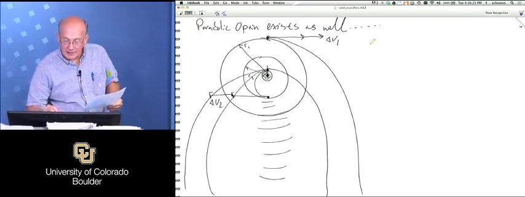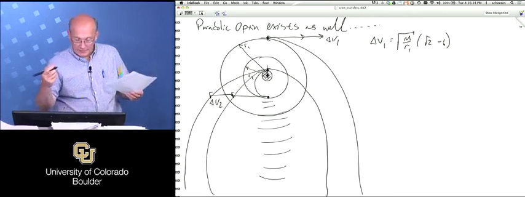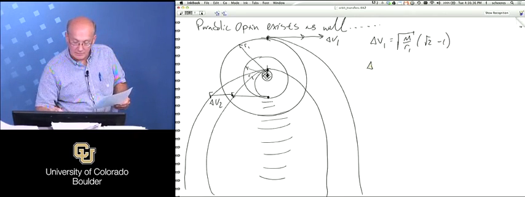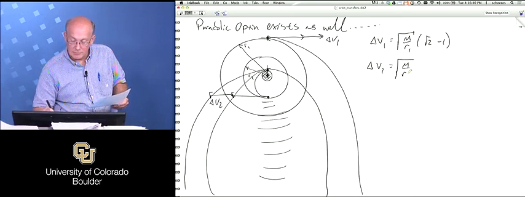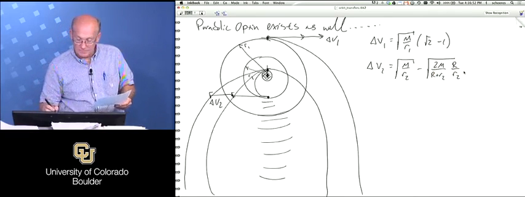So here, the cost, delta V1, is square root of mu over R1 times root 2 minus 1, just the cost to escape from a circular orbit. Delta V2 is root mu over R2, it looks like the other one, minus square root of 2 mu R over R2 times (R plus R2).